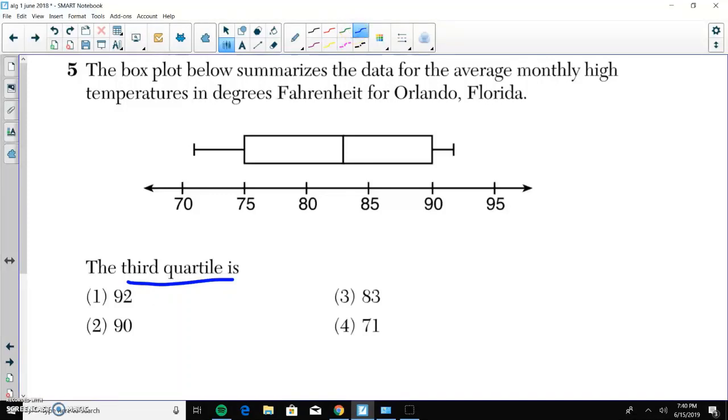This is a box and whisker plot, so ignore this for now and just look at the box. Where is the center of the box? Just think about where the center is. The center is going to be where this line is. So that's the median.